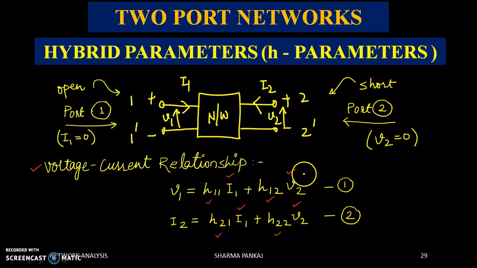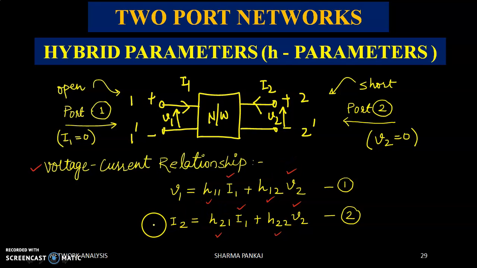Why voltage dependent? Let's say H12 is a constant and V2 is a variable, so the whole term is governed by V2. So it is voltage dependent and it is giving you the output voltage. So it is a voltage source.